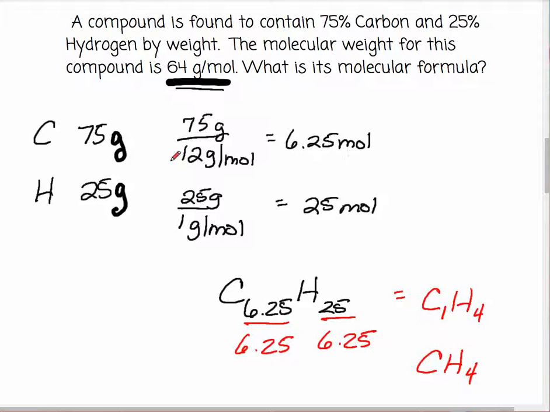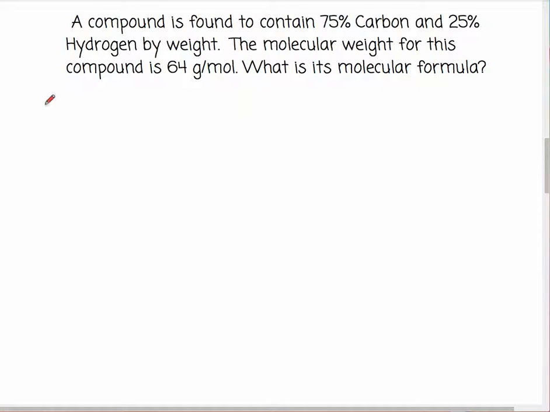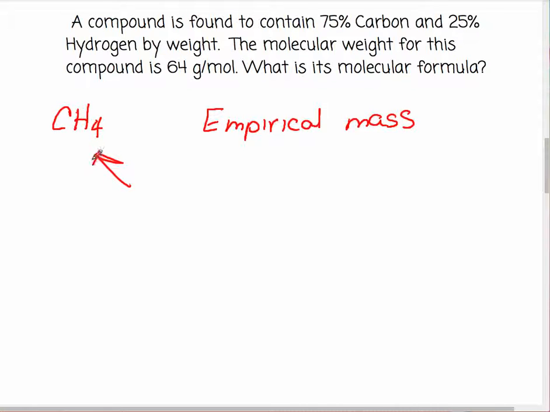Once we have that information, we can now determine what its empirical mass would be. So I'm going to erase this just so that we have room, and I'm going to write CH4, that's our empirical formula, and calculate the empirical mass. Basically, what does this thing weigh?